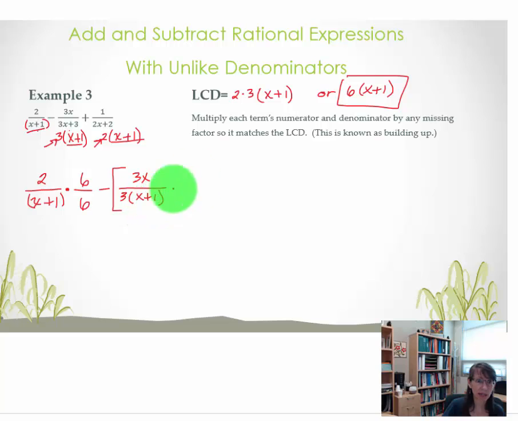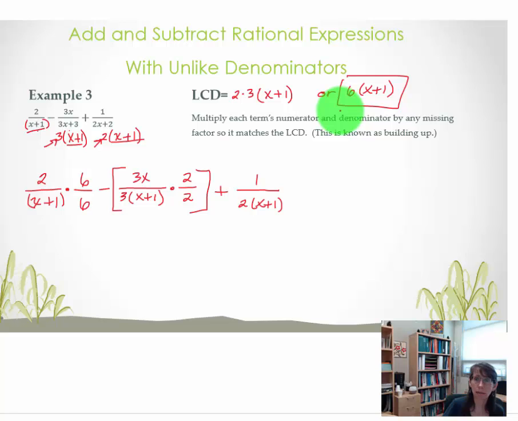Does 3 times that quantity match the LCD? It looks like we need to build up with a factor of 2. Close the parenthesis. So if I took 3 times 2, I'd get 6 times quantity x plus 1. That matches exactly. Last, we've got a plus sign, so no worries with plus. We're starting with 1 over 2 times quantity x plus 1.